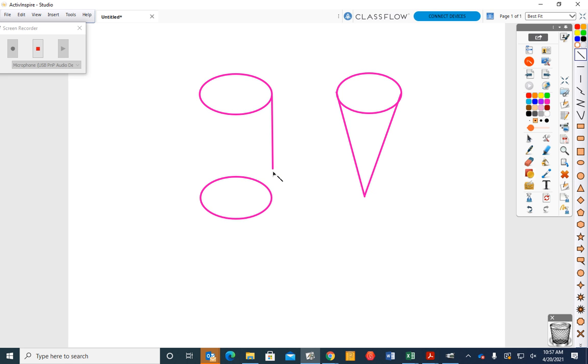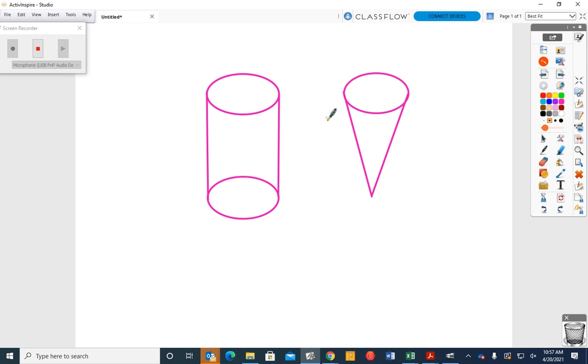They both had a diameter of 4, right? So this was all the way across, 4 inches, and this all the way across was also 4 inches. What was the height of each one? 6 inches, and this was also 6 inches.